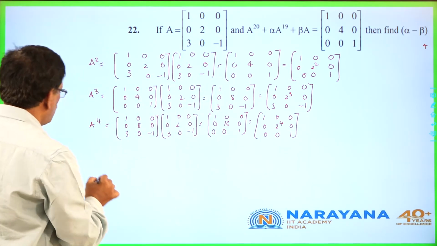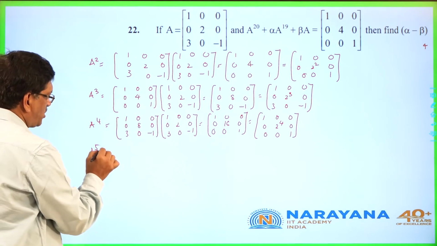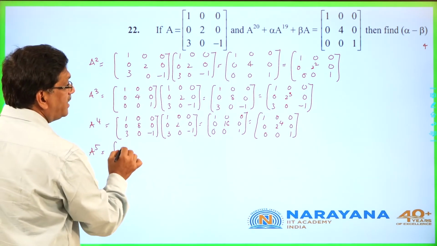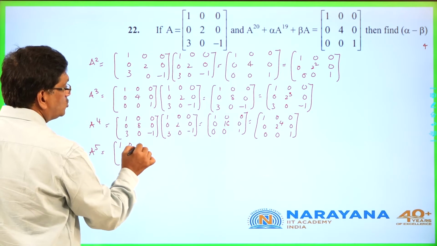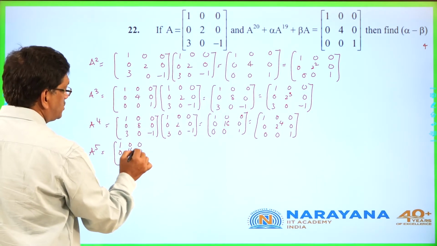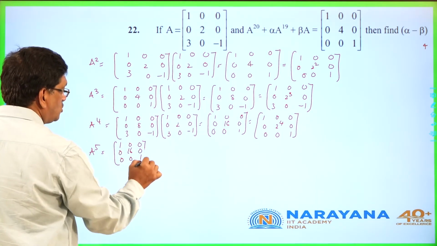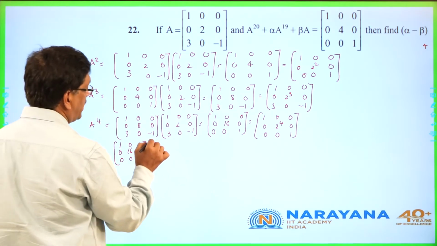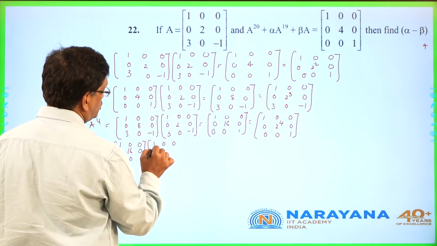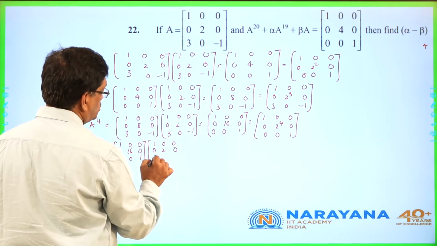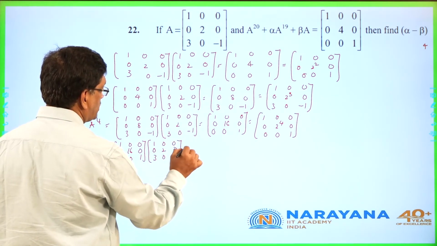So let us find out a power 5. Otherwise we cannot write. Right? 1, 0, 0; 0, 16, 0; 0, 0, 1 into again a: 1, 0, 0; 0, 2, 0; 3, 0, minus 1.